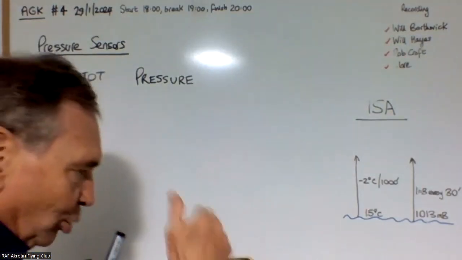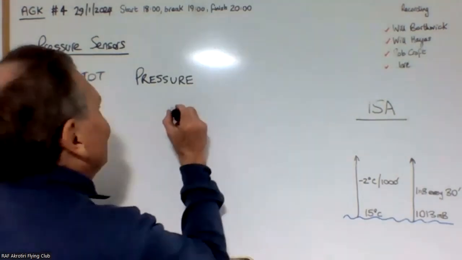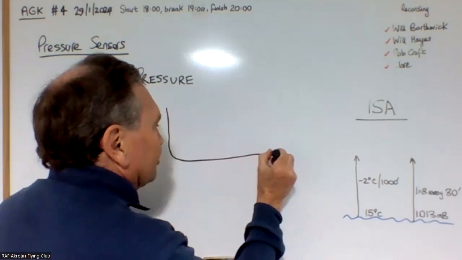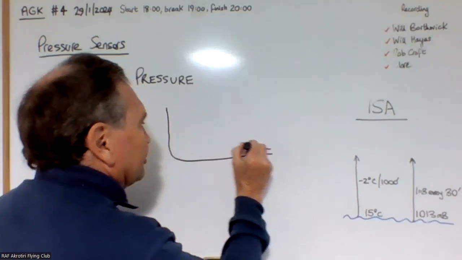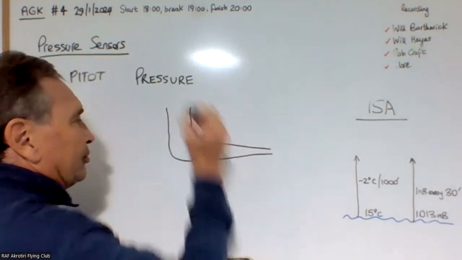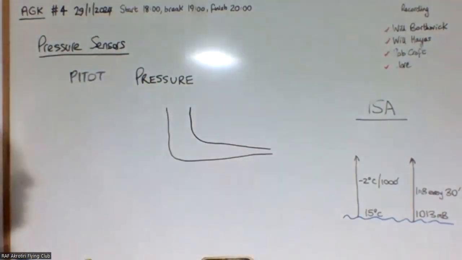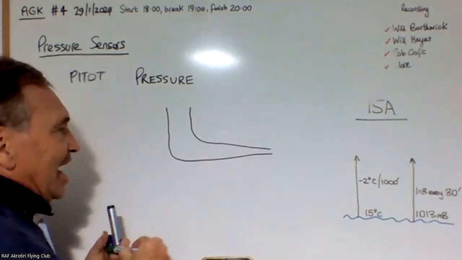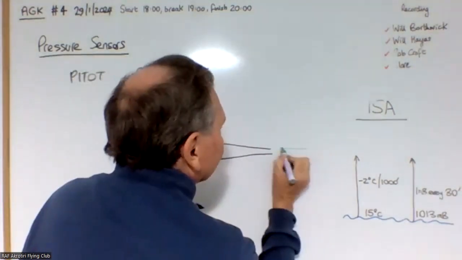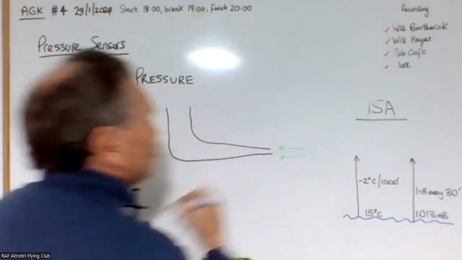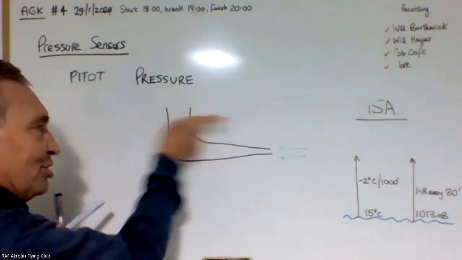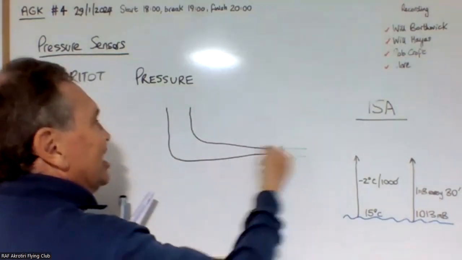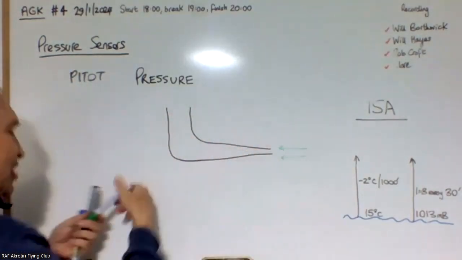bottom of one of the wings, you'll find there's a device. It looks like this. It sticks down from the wing, and has a little hole in it here. And what happens is the air, as the plane is going through the air in this direction, the air comes in here and it pressurizes inside this tube.